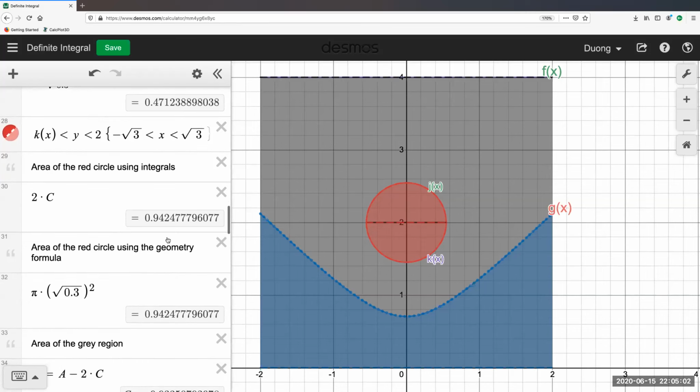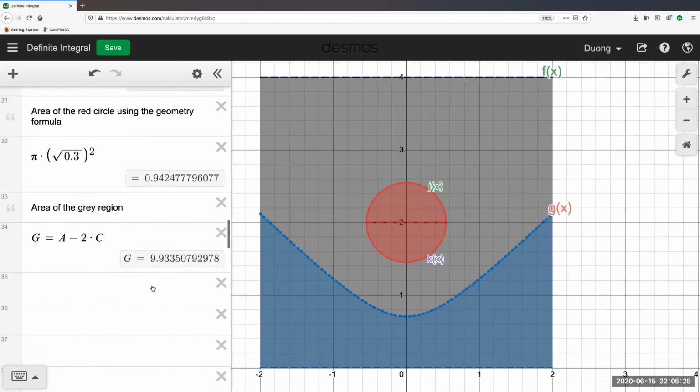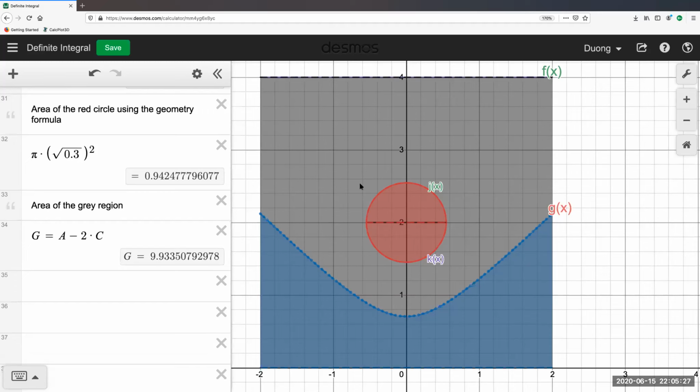And to make sure that we are getting these definite integrals correctly, I can try to use the formula for the area of a circle, pi r squared. I take pi r squared, and I get the same result as from the definite integrals here. All right, now the last step is we just need to find the area of the gray regions.